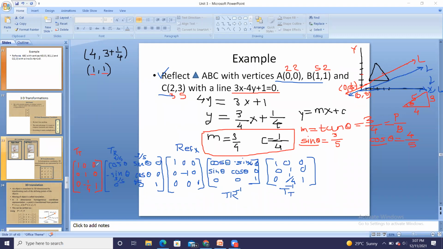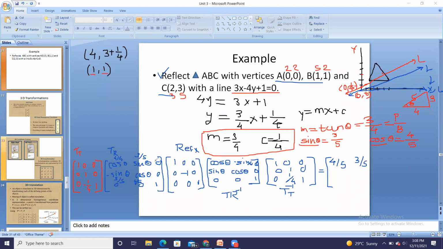Perform the multiplication, first row, first column. So 4/5, 0, 0. So I will get here 4/5. Next, 4/5. First row, second column, it is 3/5.